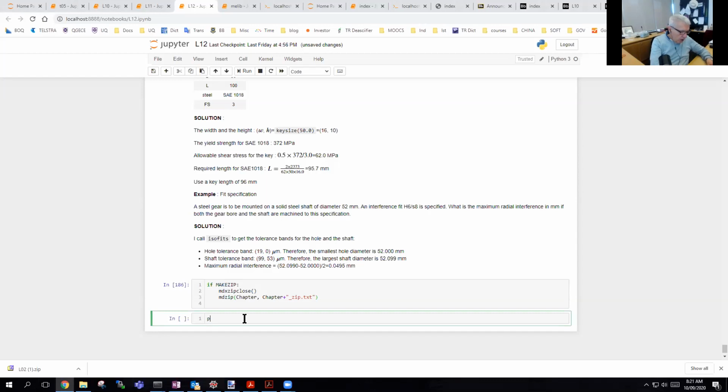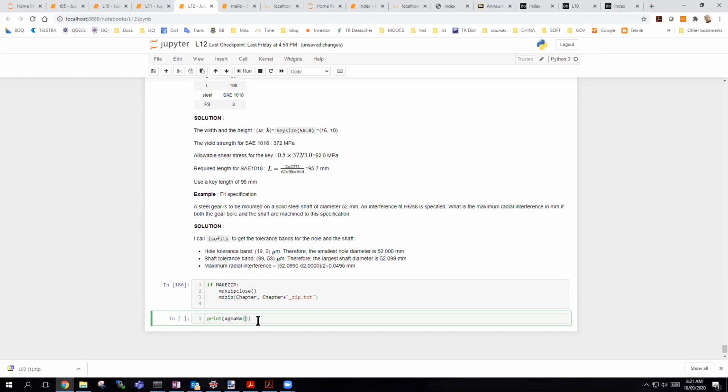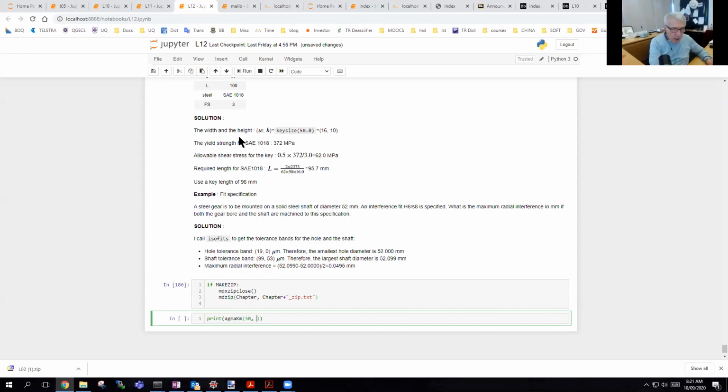So print agmaKm, bracket, face width. What was the face width? You tell me. 50. Yeah, 50. And what's the diameter? 68. And the gearbox, was it a commercially enclosed unit? Yeah.